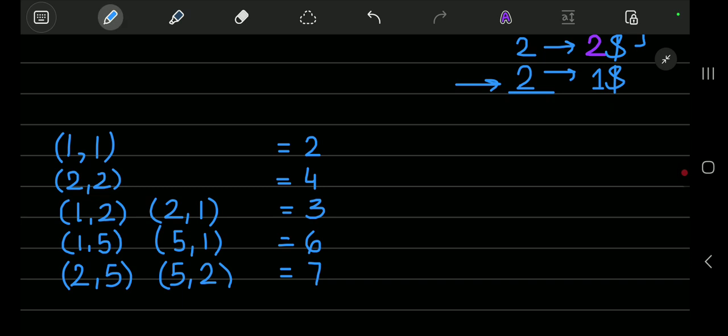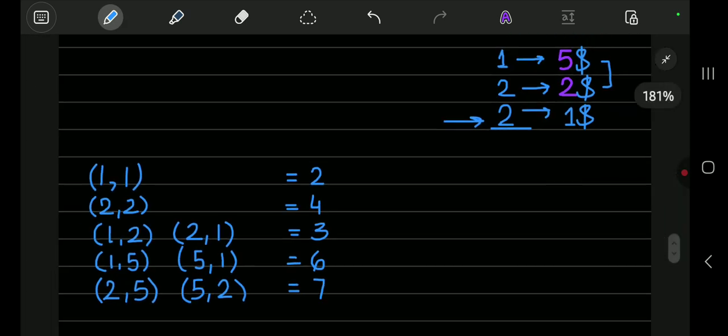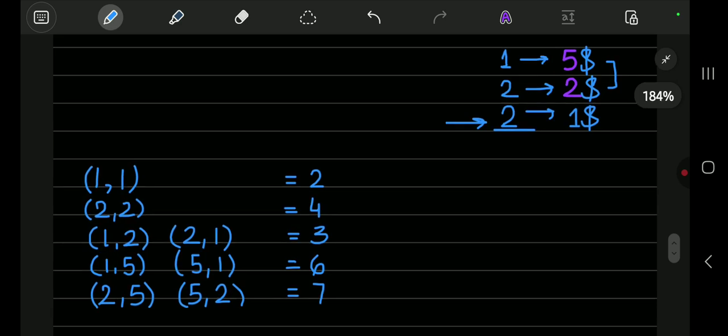If you have the first coin as a $1 coin, what is the probability of it? 2 out of 5, because you have two $1 coins. Then the other $1 coin will be 1 out of 4, because now you are left with one $1 coin and also one less from the total.